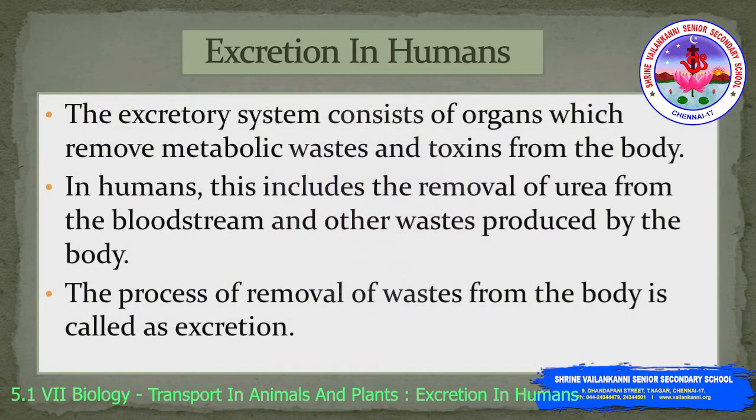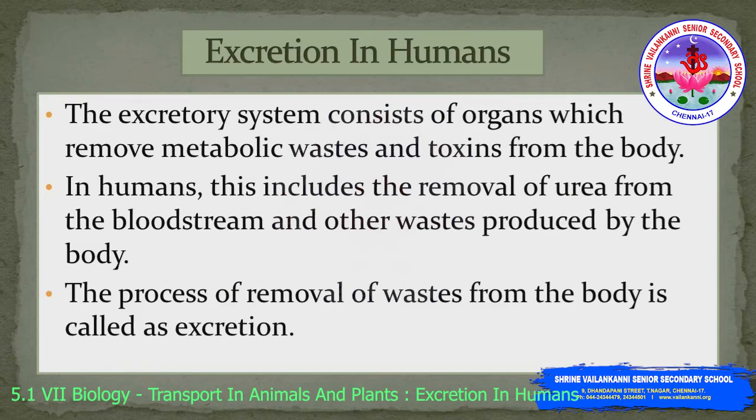The body produces waste during cellular respiration. Most of the waste are end products of chemical reactions that take place in the cells. Waste such as carbon dioxide, water, urea, and other compounds containing nitrogen are collected by the blood, which is the body's main transport fluid.